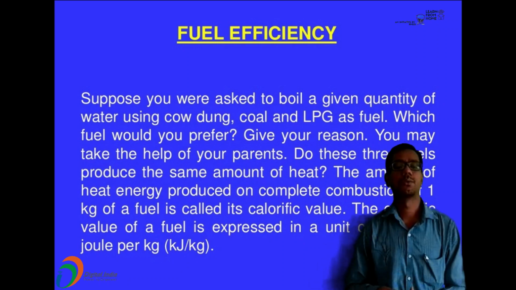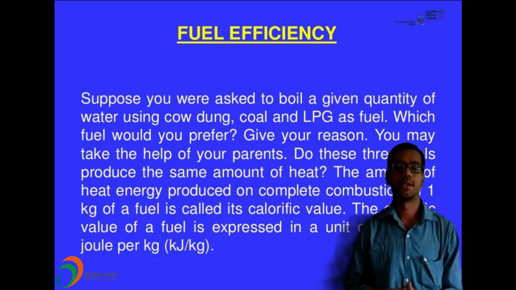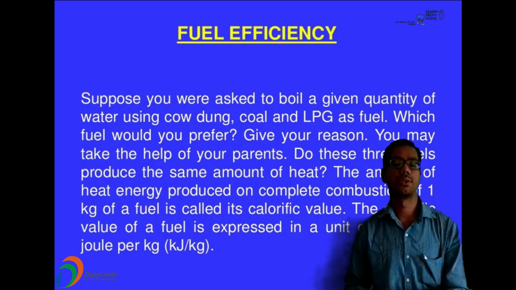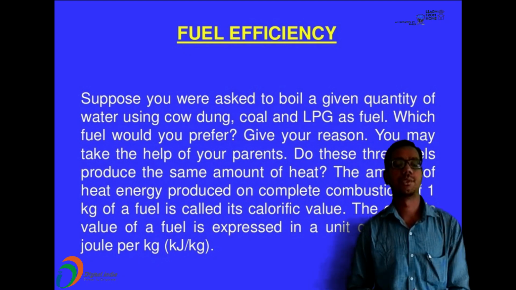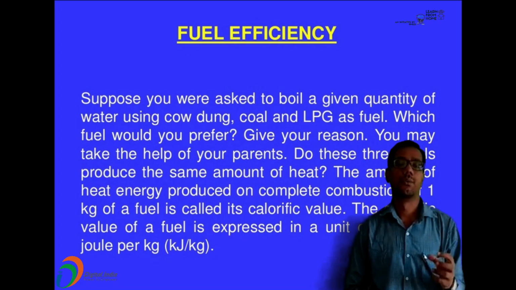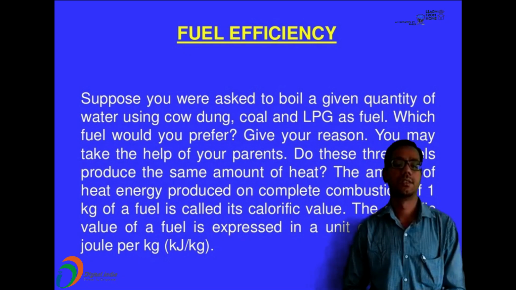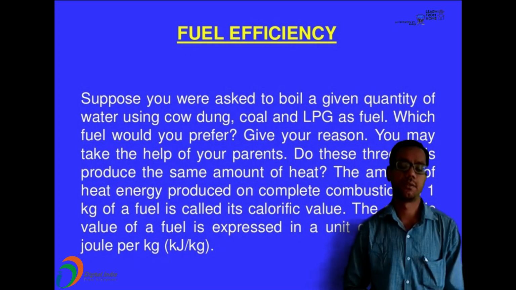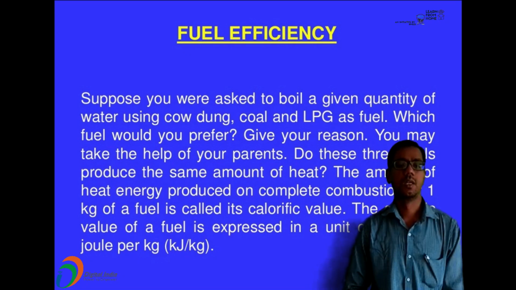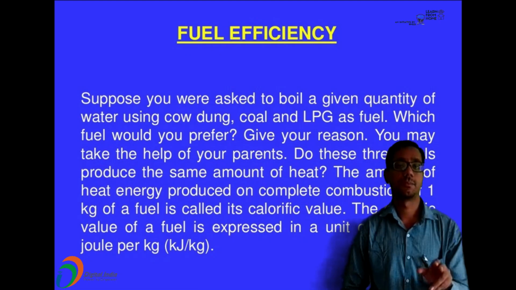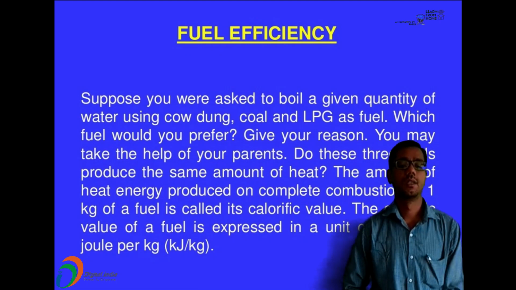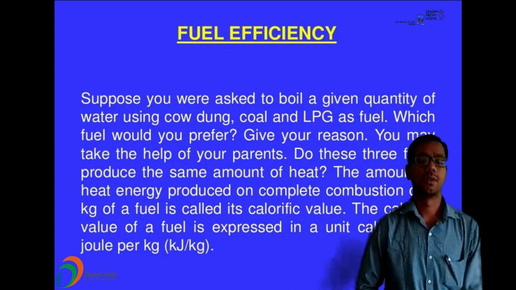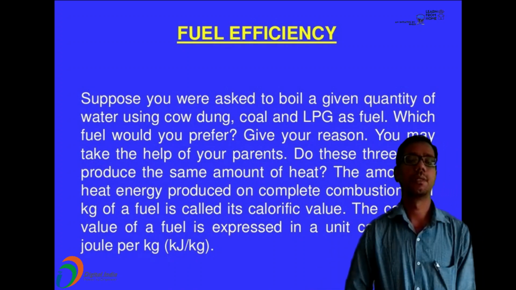So the amount of heat energy produced on complete combustion of 1 kg of fuel is called its calorific value. The calorific value of a fuel is expressed in a unit called kilojoule per kg.